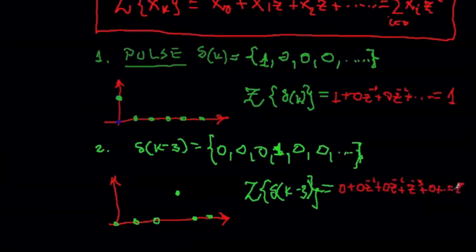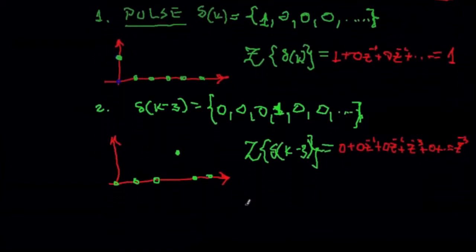So finally we have z minus 3. In other words, we see how the Z-transform transforms every simple pulse function into an appropriate expression, and z in this case is a complex variable.